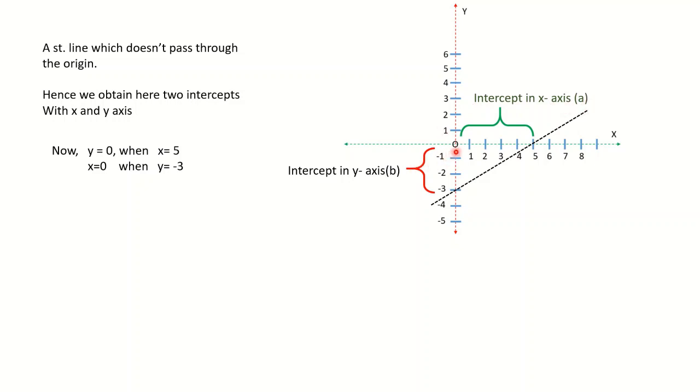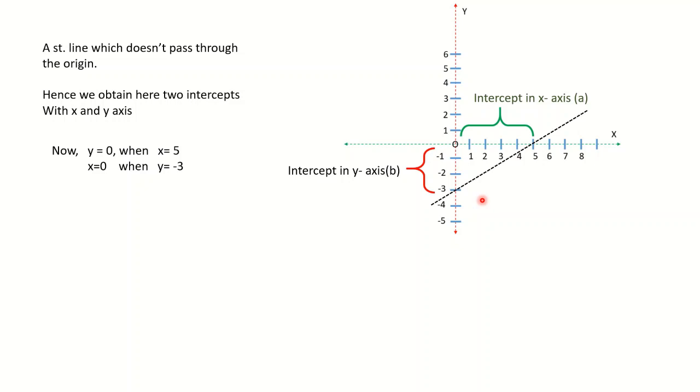And similarly for the y-axis, it is defined as intercept in y-axis. If you look into the point closely, you will come to know that for y equals to 0, x equals to 5. And similarly, this line will satisfy for x equals to 0, y equals to minus 3.